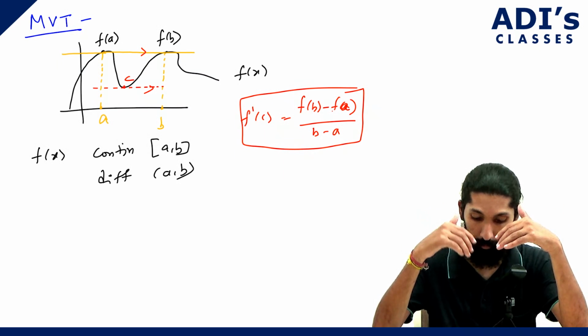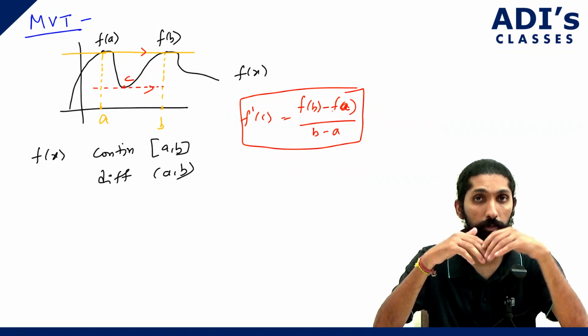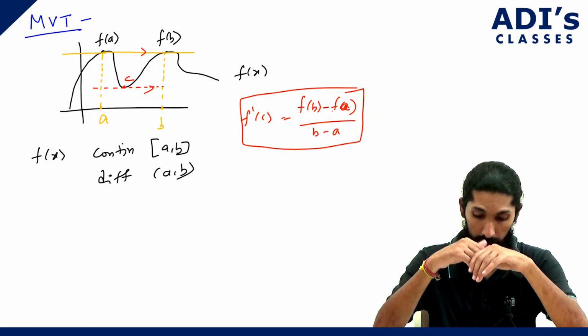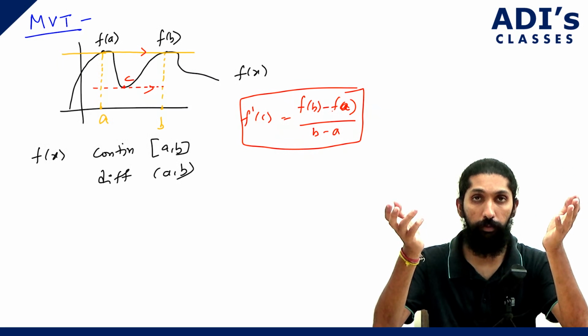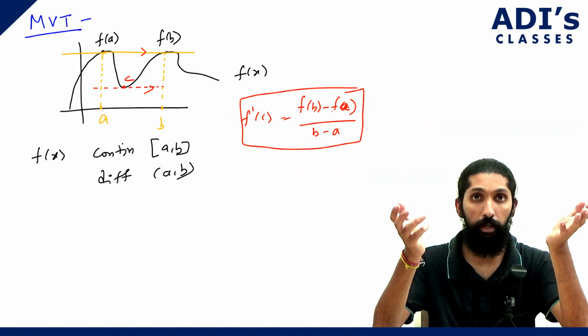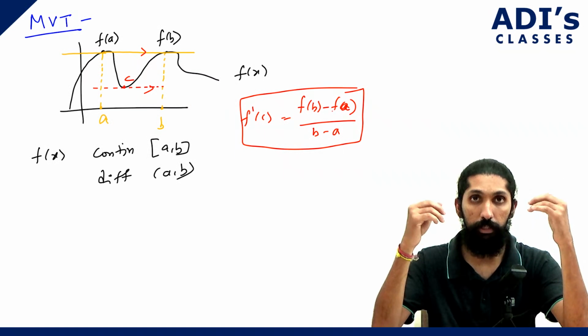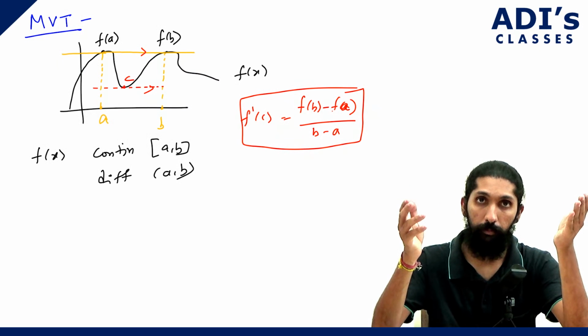But when it comes to the mean value theorem, it need not be parallel to the x-axis, correct? So that's why we have f of b and f of a. Once you join f of b and f of a, that's going to be a secant. The secant is a line that has a slope.